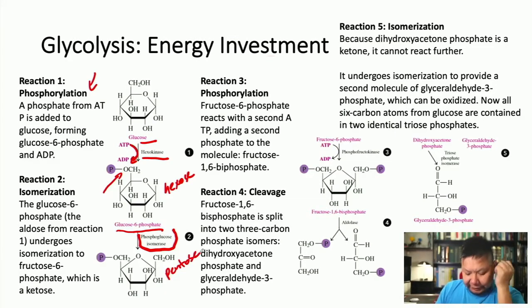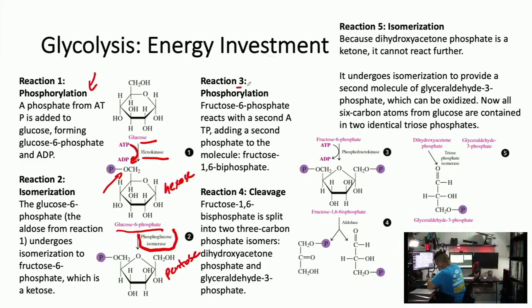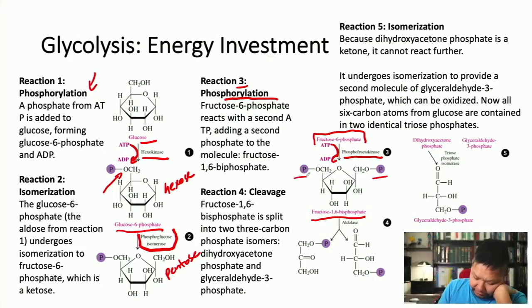Then in step 3, we have phosphorylation with the enzyme phosphofructokinase. In the previous step, our fructose is fructose 6-phosphate because it has a phosphate already attached to the 6 carbon. Fructose 6-phosphate encounters phosphofructokinase along with an ATP and becomes fructose 1,6-bisphosphate, which is self-explanatory. You have 2 phosphates, one on the 6 carbon and one on the 1 carbon.